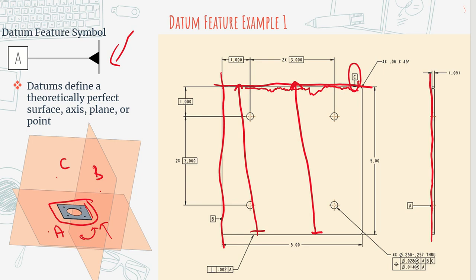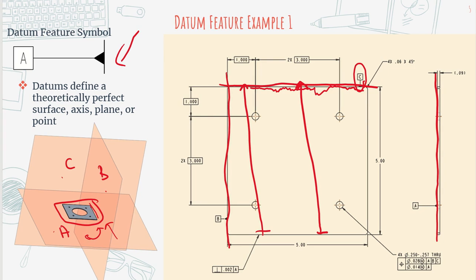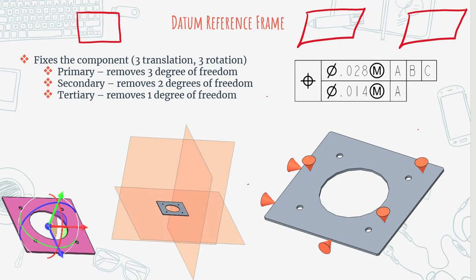And it's very easy now to measure and to do what needs to be done for inspection. So the datum reference frame is how we define the orientation of an object for inspection. So we remove all the degrees of freedom by defining the datum reference frame.